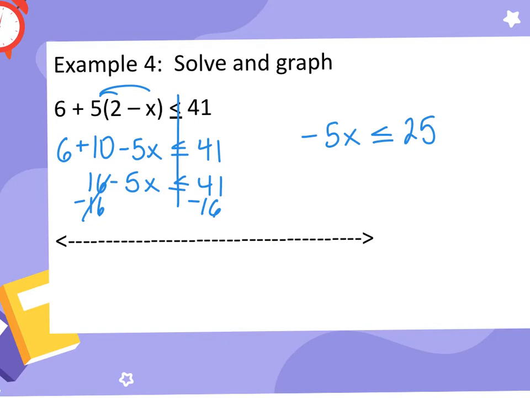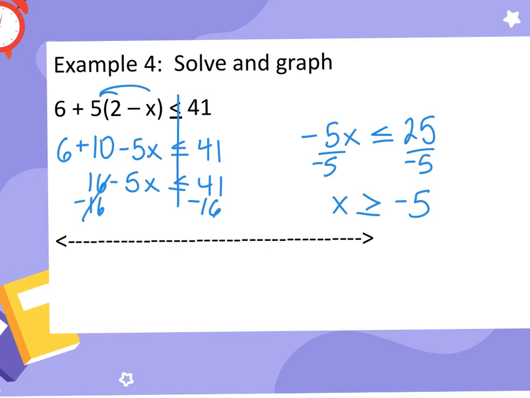Now what? Divide by the -5, good. And who remembers what happens here? Flip that sign over. And 25 divided by -5 is -5. So it now is x is greater than or equal to -5.